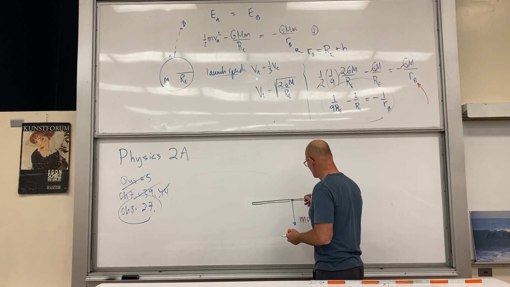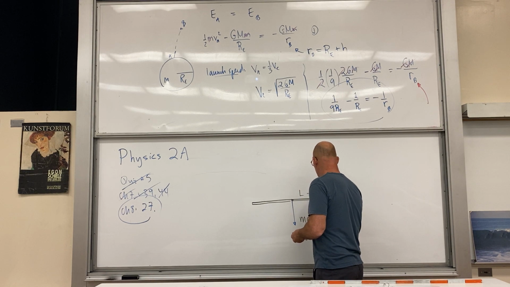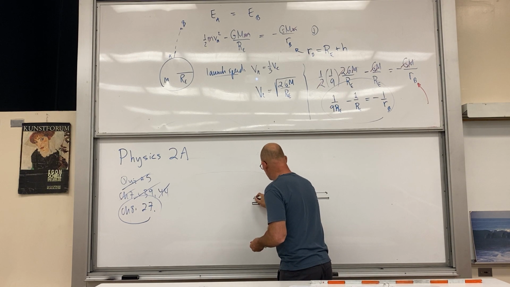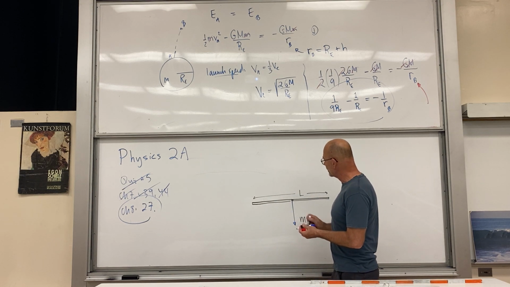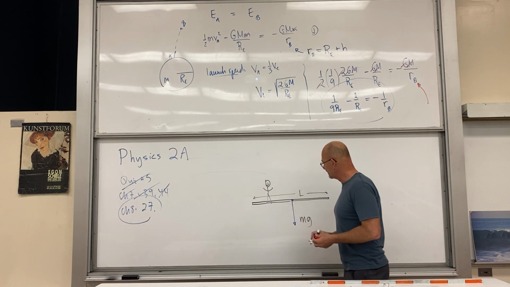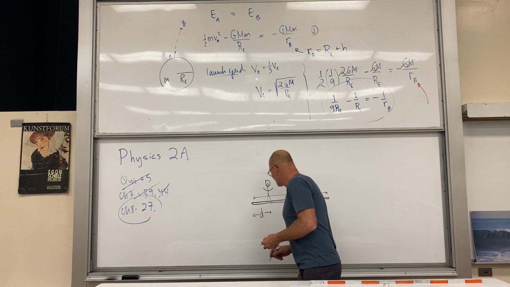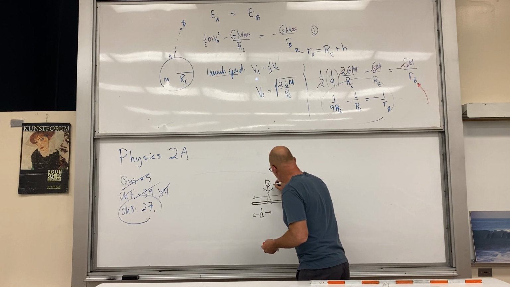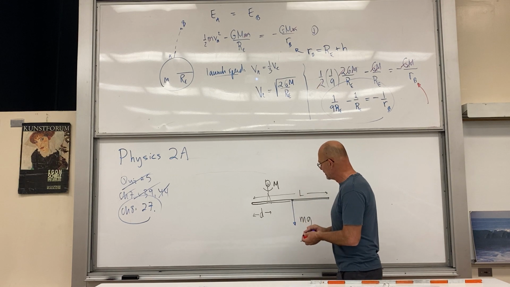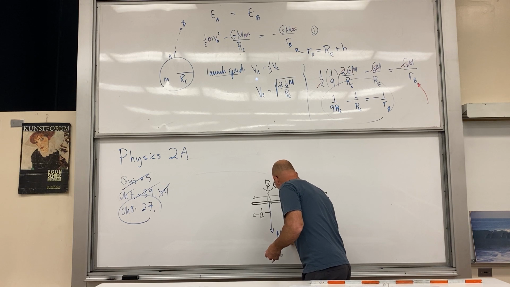And the board is a total length, capital L. We have somebody standing on the board, a distance d from the end here. And this person standing here has a mass, capital M. So we have a force, uppercase Mg, right there.